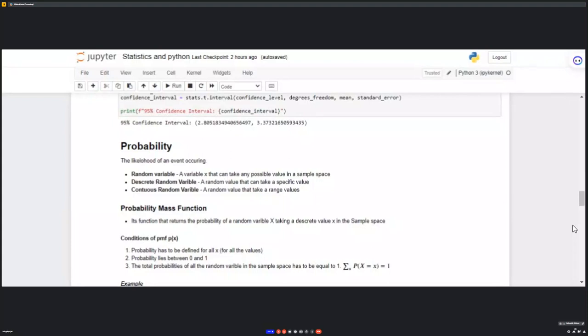And then a discrete random variable is one that takes on a discrete value. That is, it does not take decimal values, it just takes a single particular value. Then a continuous one can take a range of values. So if I'm talking about a discrete variable between 0 and 2, that means I'm talking about 0, 1, and 2.